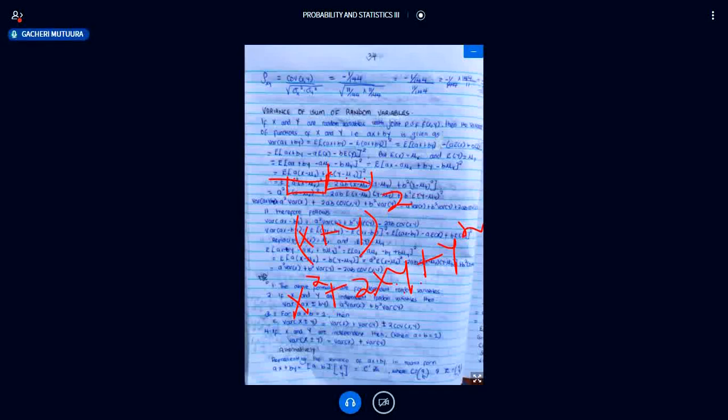So that will be b squared into y minus mu y squared. That is what we have here. Just expanding that term to handle the squared term. Bado tuko pamoja, I believe.